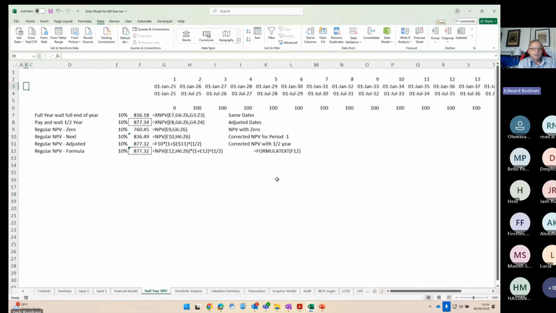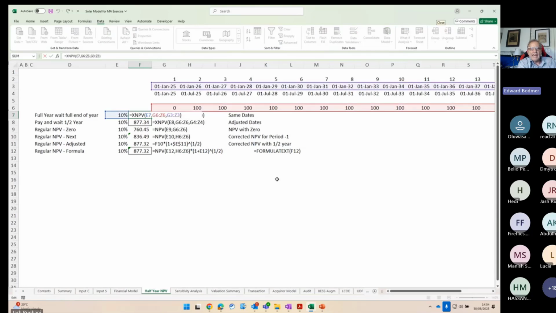Now, if you go to here, can you go back down to column 7, row 7 and F7? If you press F2, if you use XNPV, you notice we're using annual data, and we're assuming we're discounting this to 1 January of 25, and then we're assuming each period comes in a year.